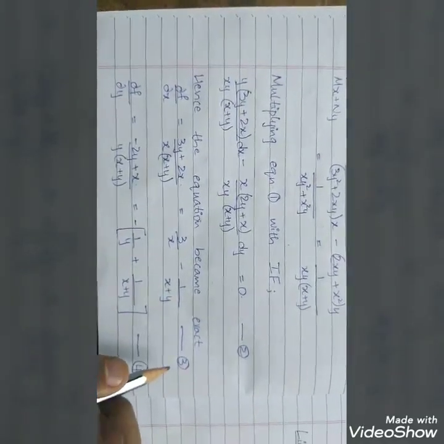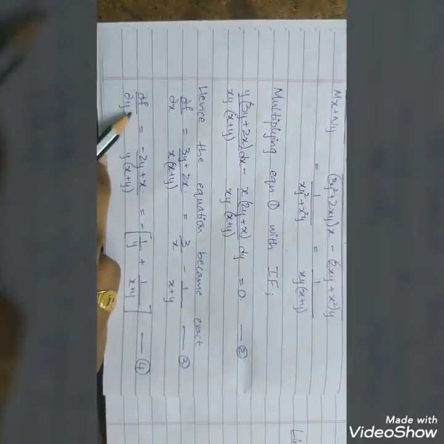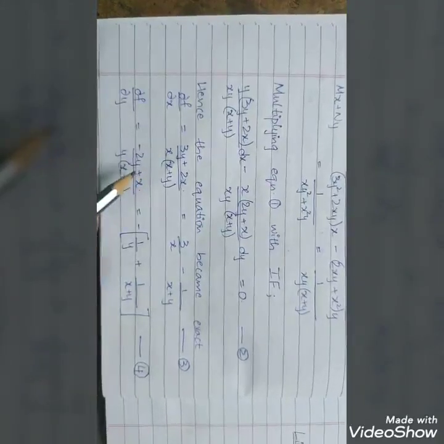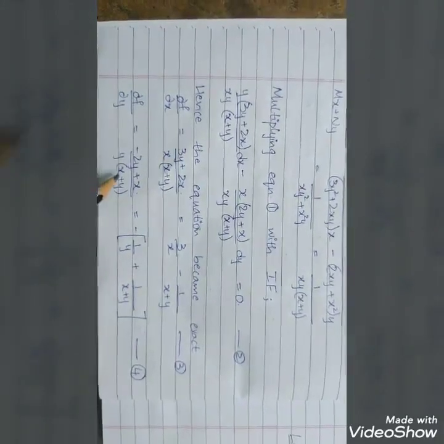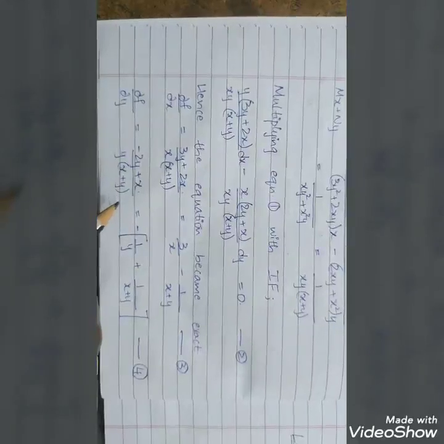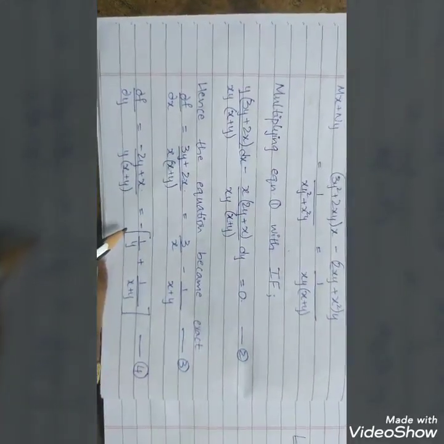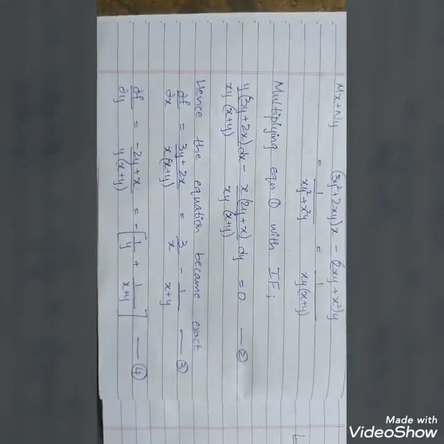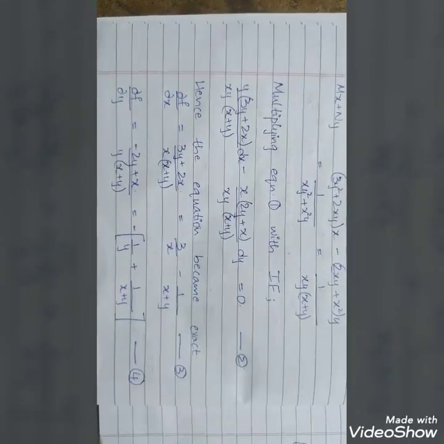Let this be equation 3. In a similar manner, we will be getting dou f by dou y as minus of 2y plus x by y into x plus y. After splitting it and taking partial fractions, we will be getting minus of 1 by y plus 1 by x plus y.